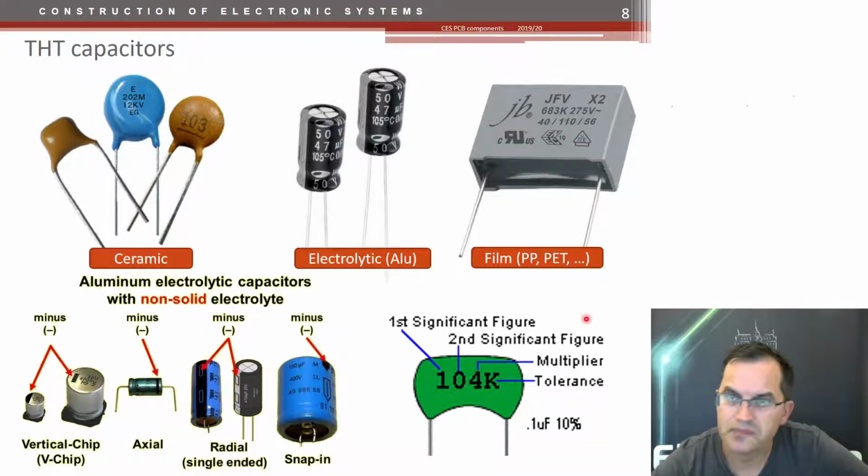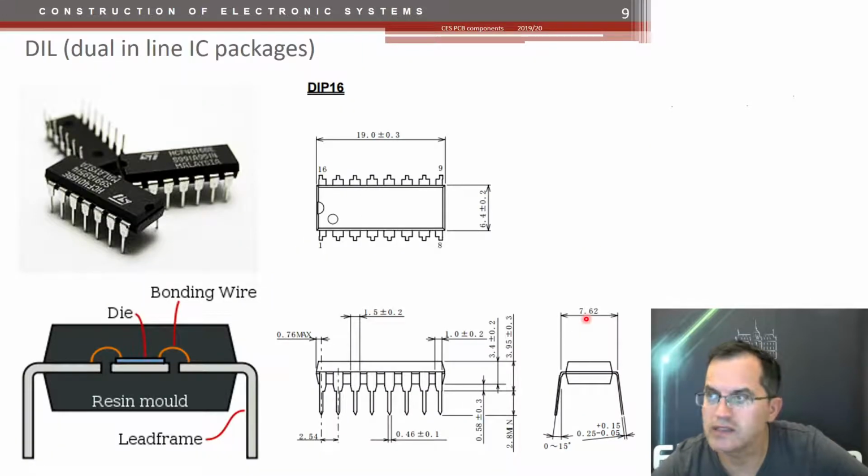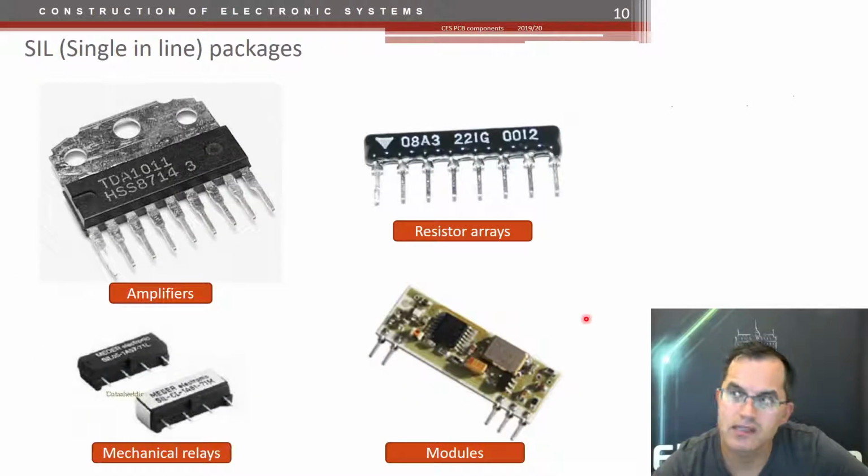Okay. Dual inline ICs are not very common anymore now, so I will just skip it. Somewhere you can still see single inline packages for some high power amplifiers, maybe some resistor arrays, modules, relays, and so on.